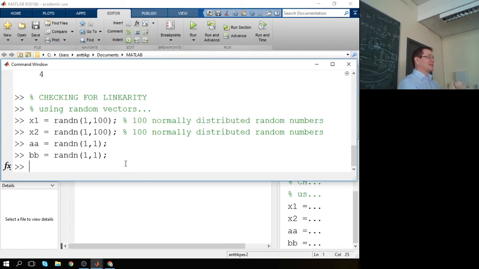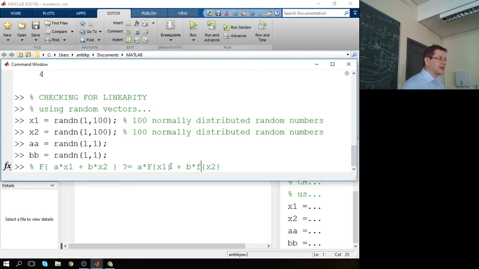But anyways, now we can test the linearity, and the linearity test is basically checking if the function of a times x1 plus b times x2 is exactly the same as a times f of x1 plus b times f of x2.